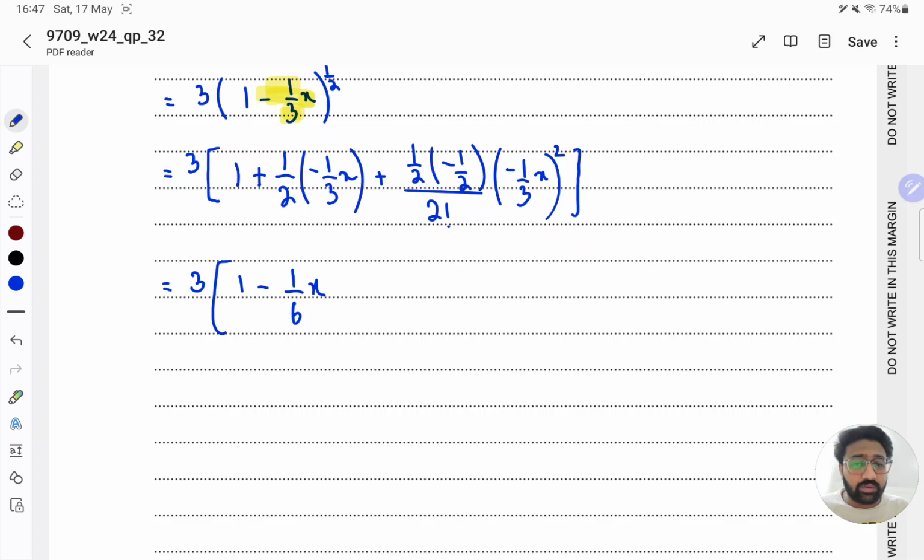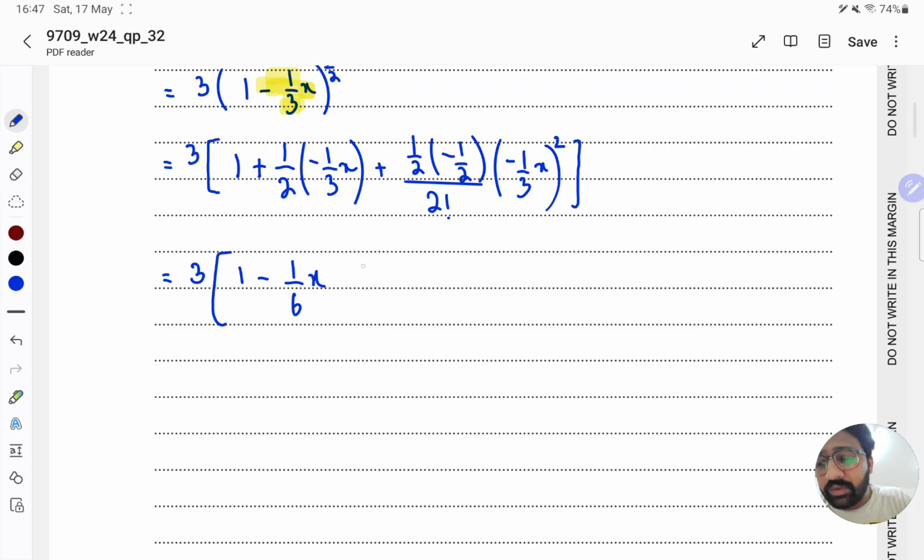Now if I do the simplification, the simplification for the first fraction will be minus 1 by 8. So it will become minus 1 by 8, and if I expand minus 1 over 3 whole square, it will become 1 over 9x square.